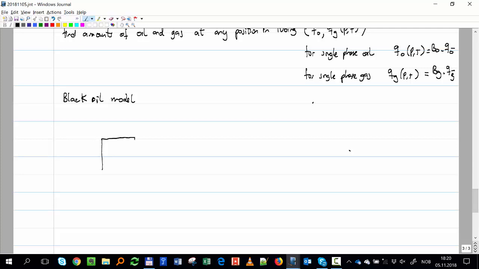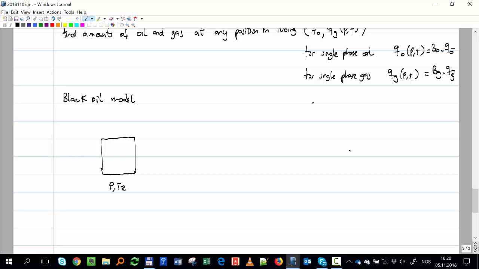So let's make an experiment where we have a certain amount of fluids. Let's say we start with oil in a container at a certain pressure, and we make this experiment at reservoir temperature.